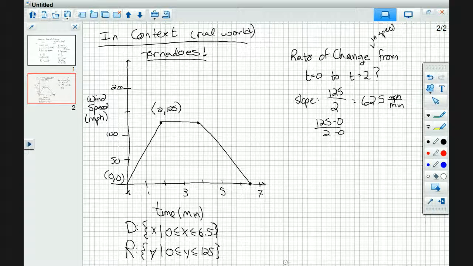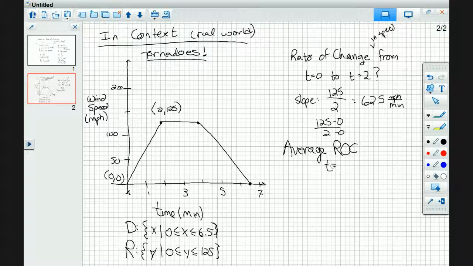Okay, on your own here, what's the average rate of change? We can add that word in there. You okay if I write ROC? ROC, rate of change? Yeah, it's ROC. Yep, that's it.